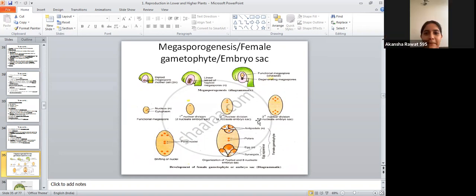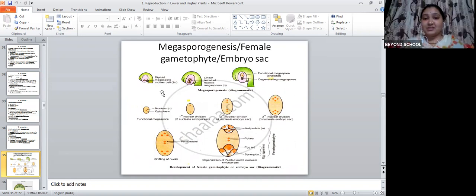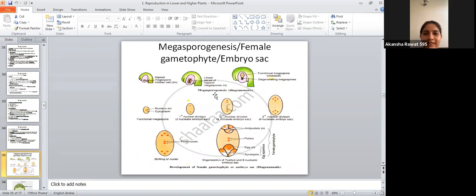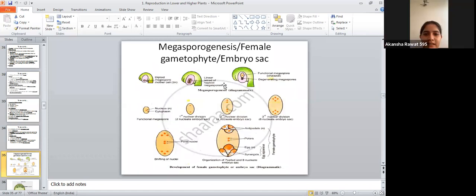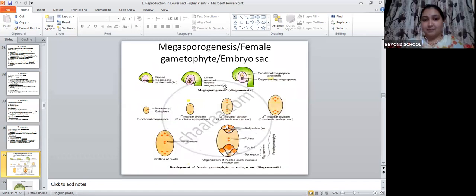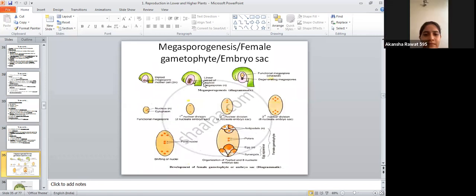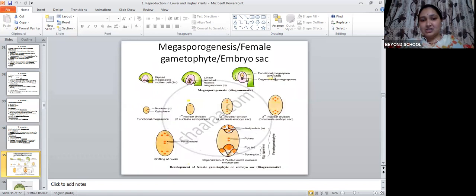Mitosis also happened, right? But where did the mitosis happen? Can you tell me? During megasporogenesis, isn't it? There the meiosis happened, right? The single diploid cell went through tetrad formation, and then there is degeneration.